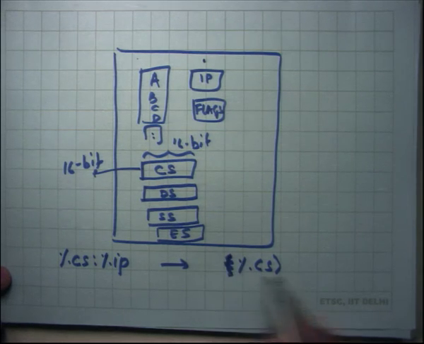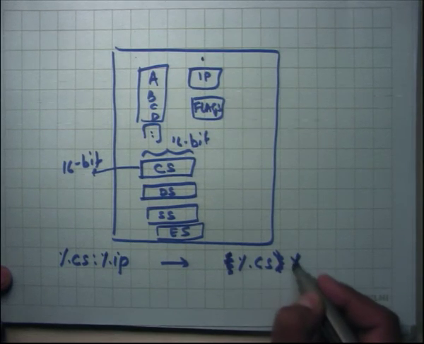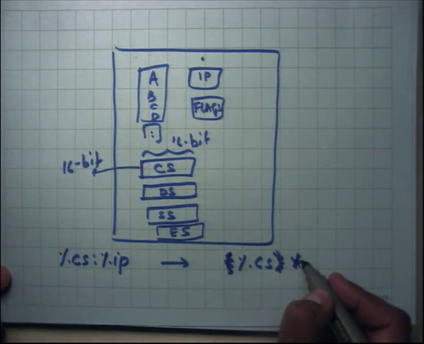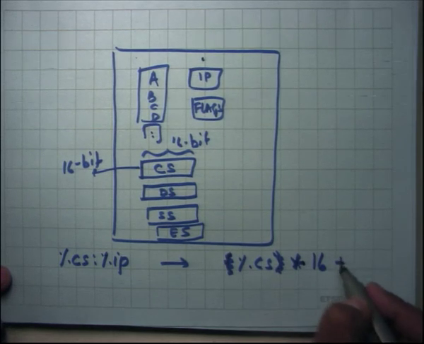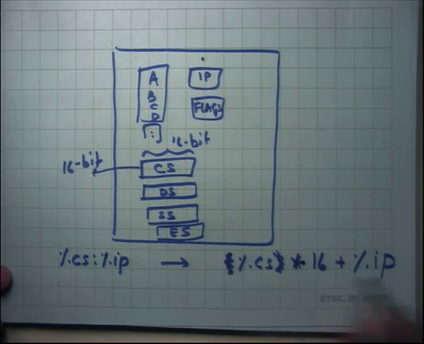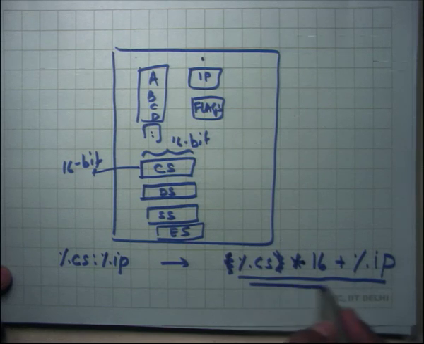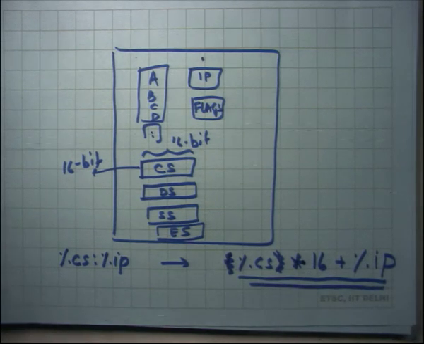So when I put something in brackets, it basically means you dereference that. So I actually don't dereference it here. So the value of CS, that's %CS, into 16 plus the value of IP. So that will be your total address. That will be your complete address that will actually go on the bus to the memory, right?